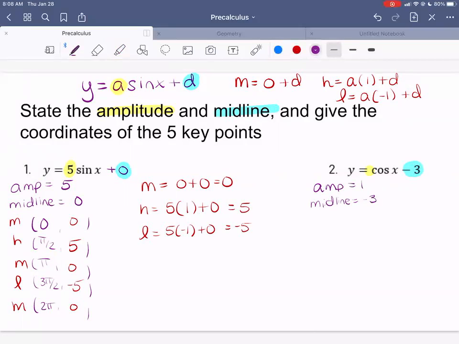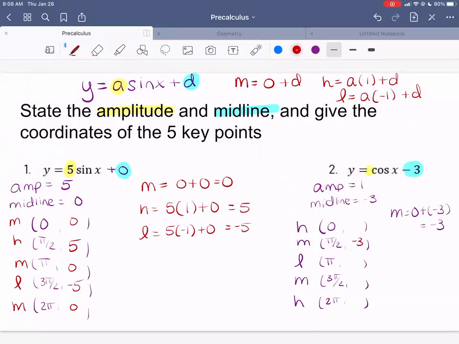So now we can go ahead and find our values. For cosine, we go high, middle, low, middle, high. So we've got 0, pi over 2, pi, 3 pi over 2, and 2 pi. And now we want to find those values. Our middle is going to be 0 plus -3, which gives us -3.